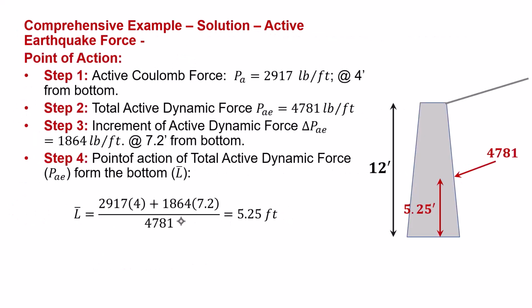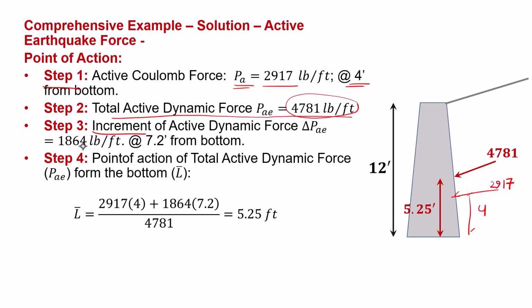And if you remember, we have these steps for finding the location of the force. Step 1 was finding the Coulomb force, PA, which was 2917, applied at 4 feet from the bottom. So this is 2917, and the active dynamic force, the total value, is 4781.